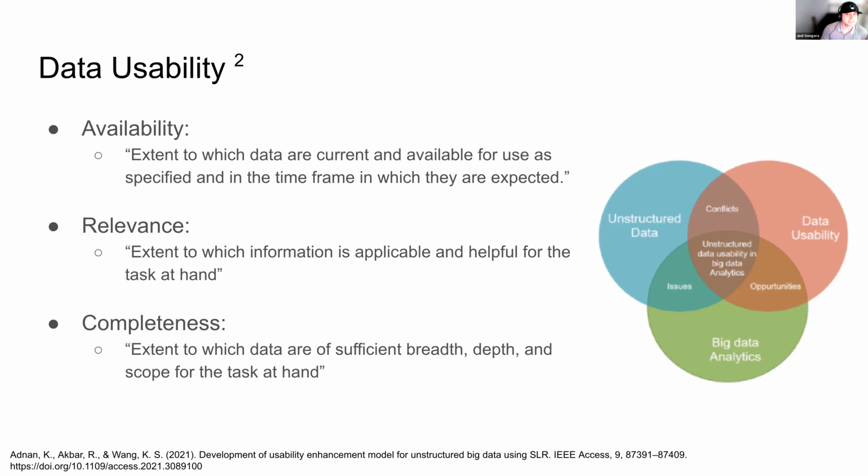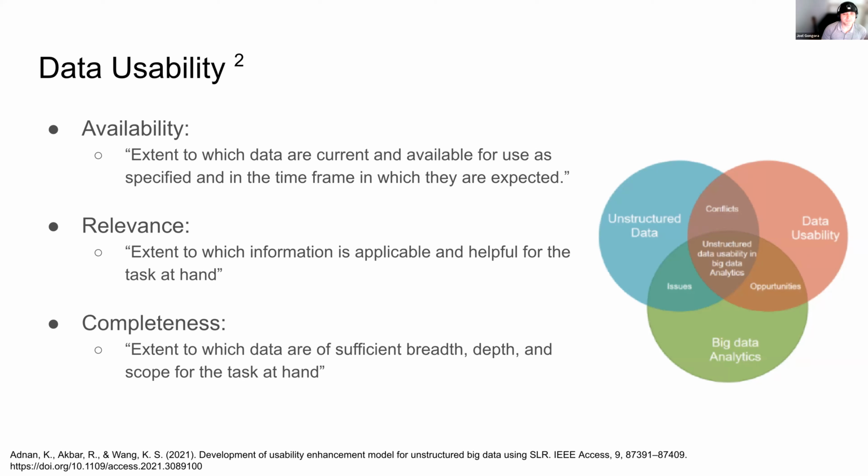The information is there, however, it's not in the proper structure so that you can leverage it. The sweet spot is where big data analytics intersects with usability and where there's unstructured data. The other opportunity is structured data, which a lot of us have worked with in the past, if we're in data science or a similar field. But this is what we're going to be talking about today.